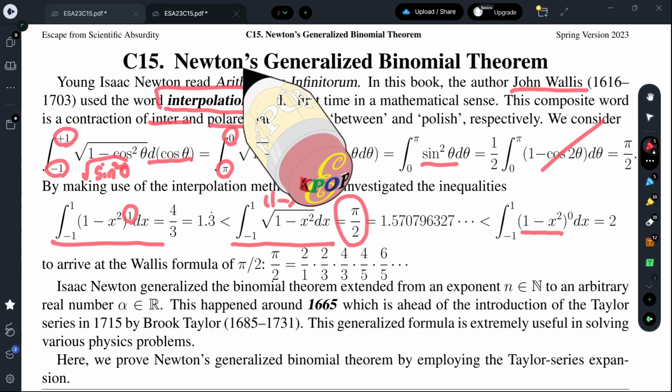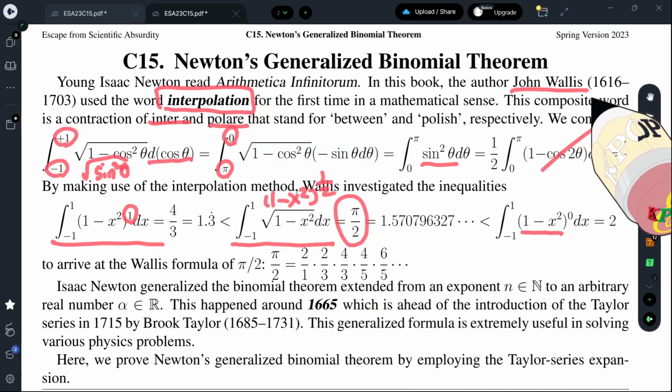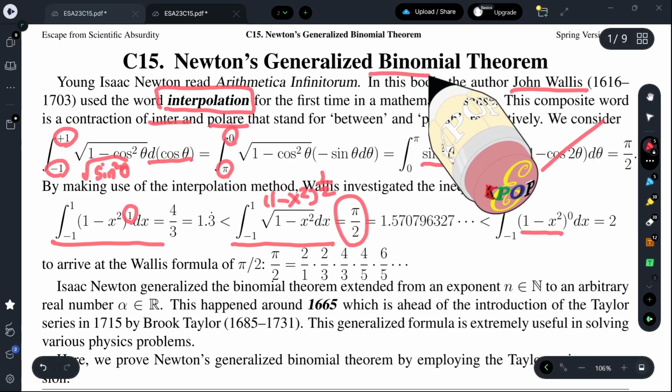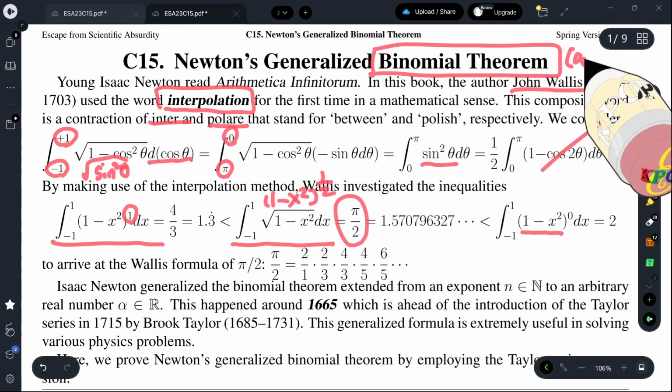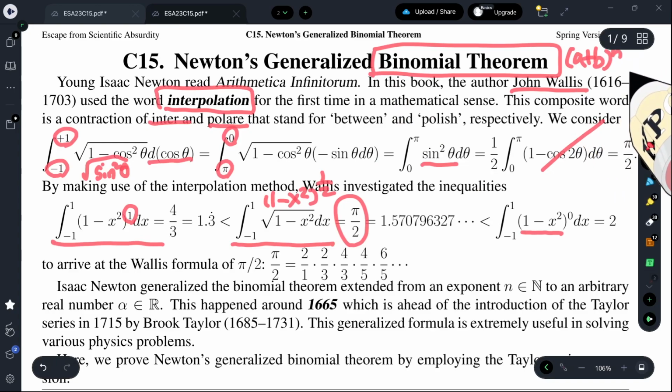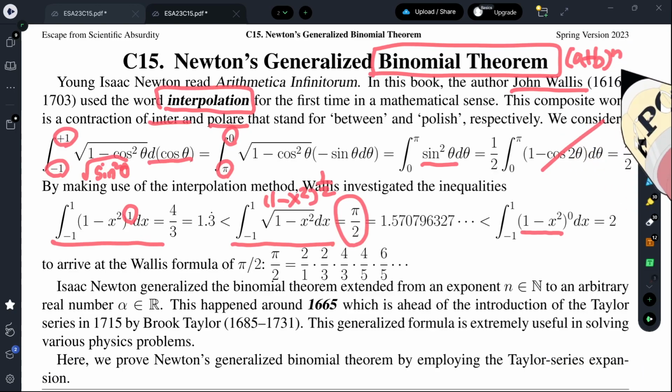Young Newton read the book written by John Wallis regarding this approximation method, and eventually Newton developed a generalized way of binomial theorem. We know (a plus b) to the nth power with integral power can be expanded, with the coefficients exactly calculable using combinatoric factors called the binomial coefficient.